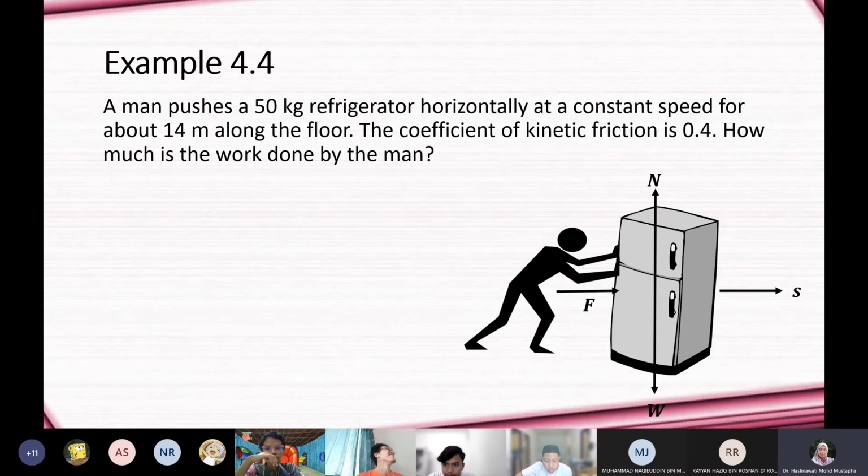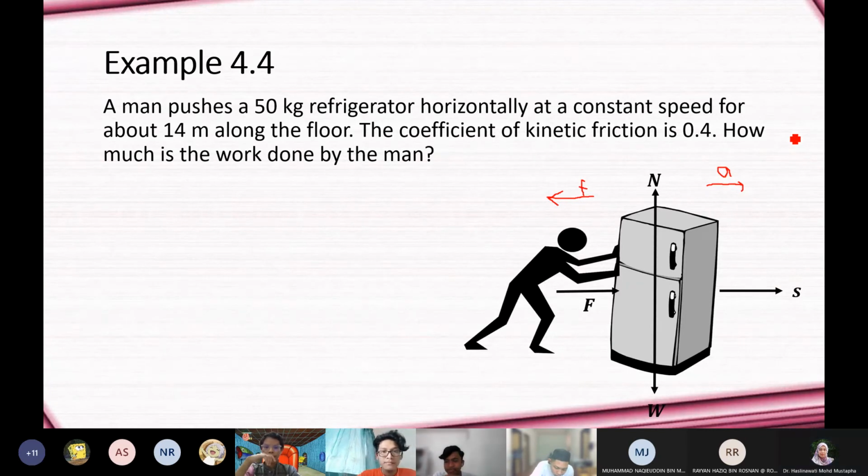Okay, so we have coefficient of kinetic friction, which means we have frictional force. Because the refrigerator moves to the right, see the S here is to the right, so the motion is to the right. So the frictional force is to the left. From Newton's second law of motion, F net is equal to ma, remember, sum of F. For this situation, sum of Fx, because we consider the x direction since the motion is in the x direction.